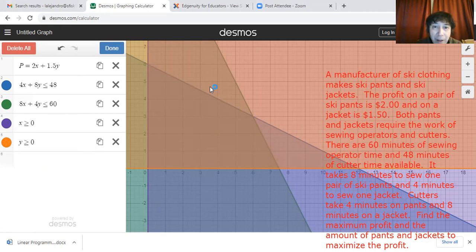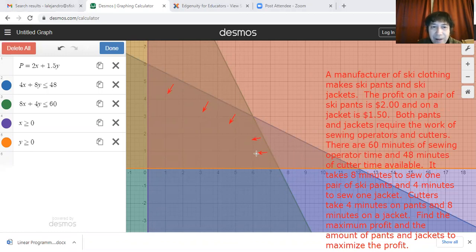Take note, the inequalities will have the feasible region here for our graphs. That means this portion here is our feasible region. That is the inequality for the blue and the green.